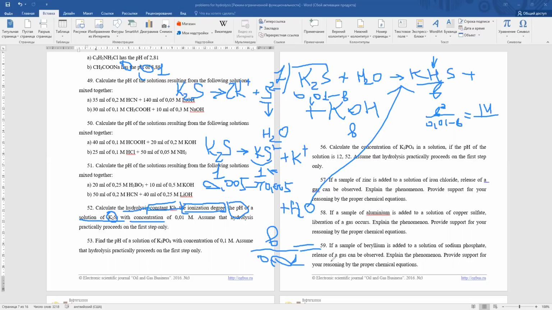Is that clear? The ionization degree will be what is this? Which one? This is the pointer, I'm just pointing. 1 mole forms 1 mole, 0.005 forms the ionization degree will be 0.005.